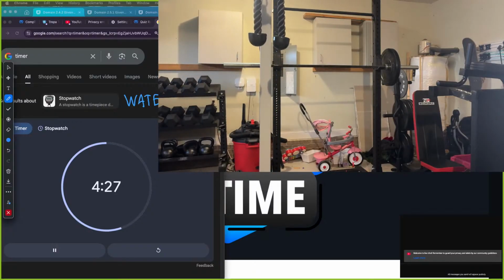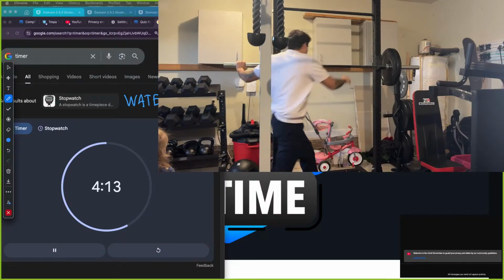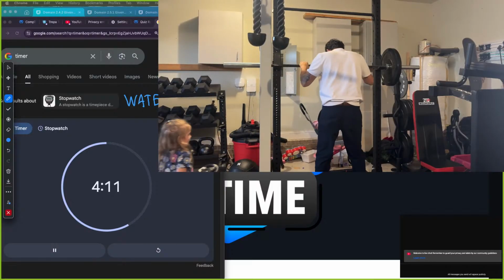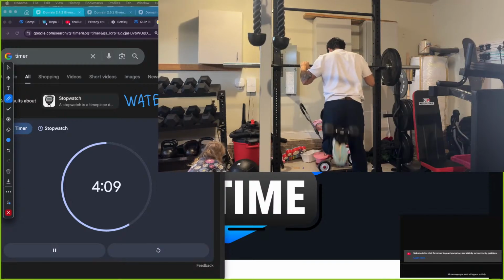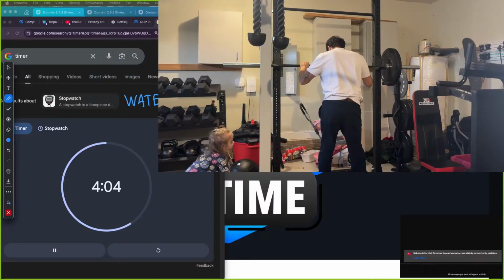I don't know how it works. There you go. Mm-hmm. That's too heavy, Dad. Too heavy. It's too heavy for me, Dad. Too heavy. Too heavy. Too heavy, Dad.